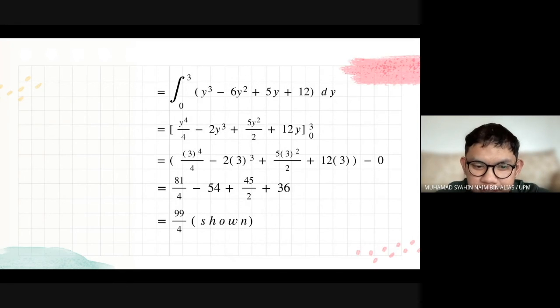Then we get 81 over 4 minus 54 plus 45 over 2 plus 36. The final answer is 99 over 4, which proves that the equation in question 1 is equal to 99 over 4. So that's all from me. Thank you.